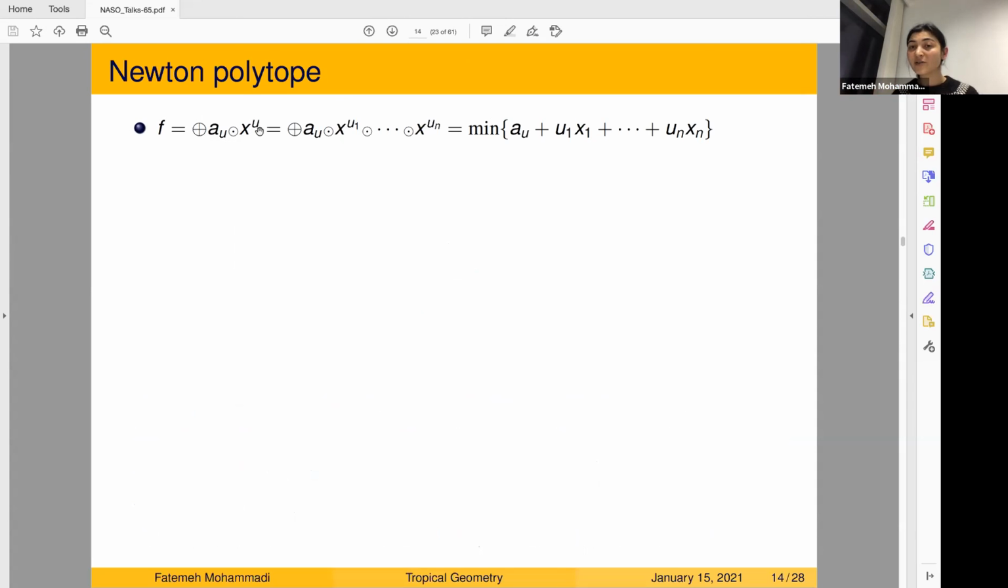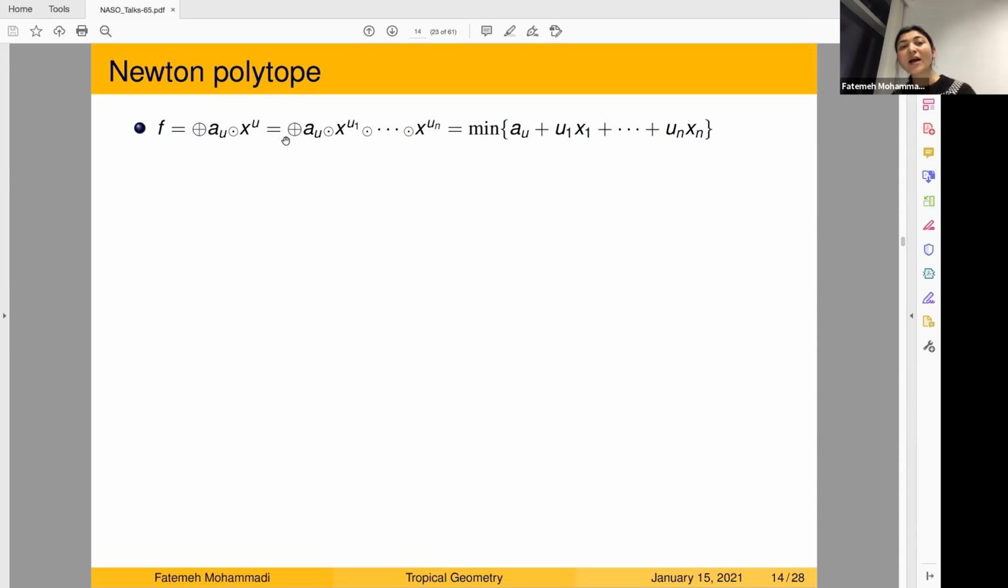Here u is a vector in R^n, or if you want, rational exponents are also allowed. By x^u, I mean x_1^{u_1} times x_2^{u_2} up to x_n^{u_n}. That's my monomial, and a_u is the coefficient of this monomial.